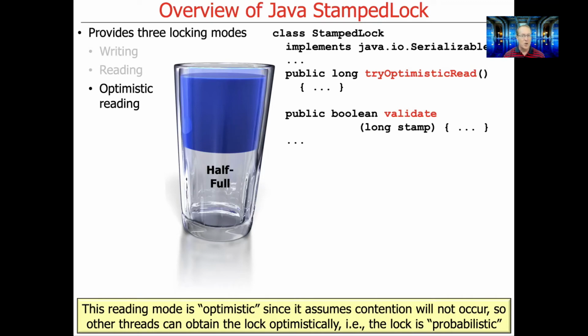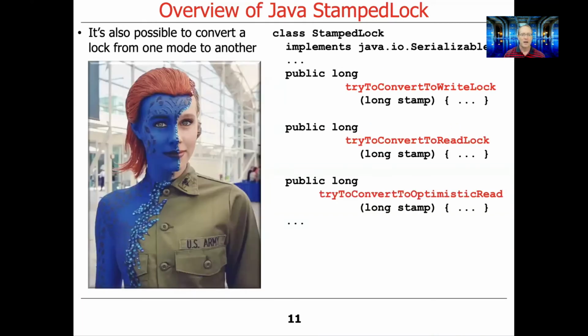As you can see, there's 2 methods that it provides. One is called tryOptimisticRead, and the other is called validate. And the usages of these 2 methods are quite different from the reader and writer lock modes. So we'll take a careful, detailed look at these things as we get to that part of the overview.